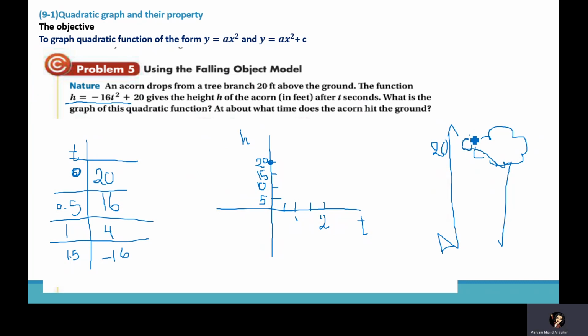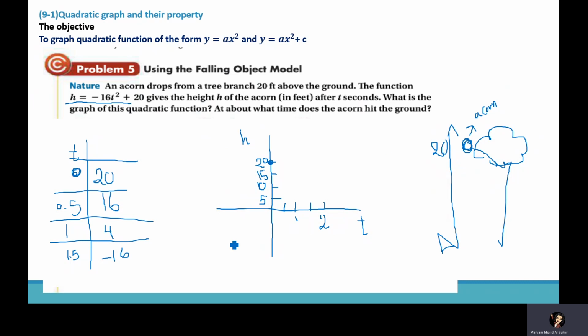So let's say this is a corn. I'm just graphing anything to explain the idea. At 0 time, it's already on the tree.